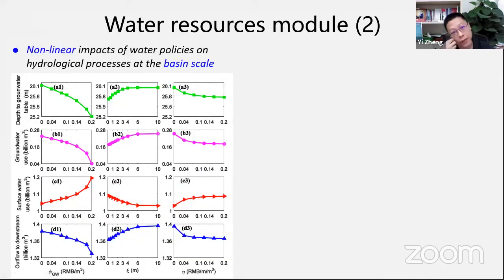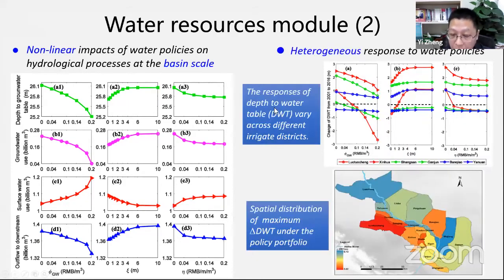So let me show you some results produced by this HEIFLOW ABM integrated model. This figure demonstrates the nonlinear impacts of water policies on hydrological processes at the basin scale. The x-axis indicates the magnitude of a policy implementation, and the y-axis indicates the responses of key hydrological variables. These two figures show you the heterogeneous response to water policies. In the upper one, the different lines represent different irrigation districts.